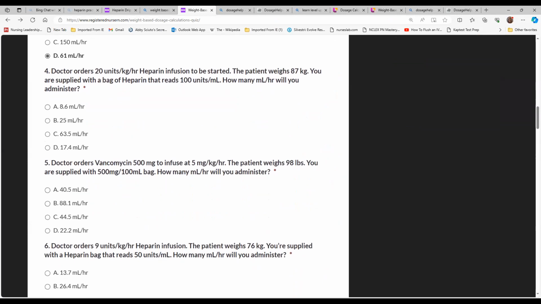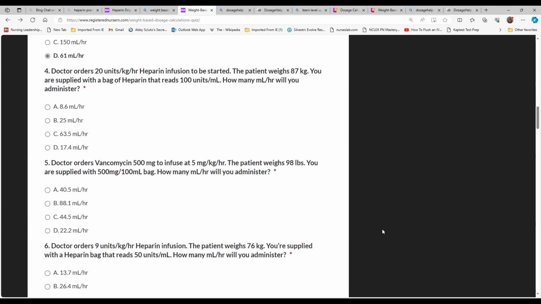All right, next one is how many mLs per hour will you administer? So for this, we need our desired dose, which is our weight, 87 kilograms, so we don't have to convert because it's already in kilograms. Our ordered dose is 20 units per kilogram, and it's per hour. And since we're going to mLs per hour, we won't have to convert there either.